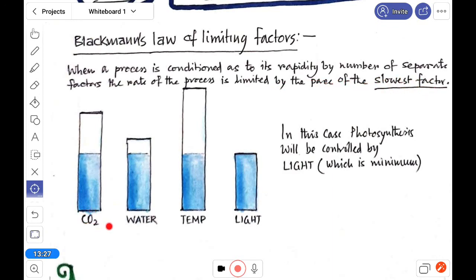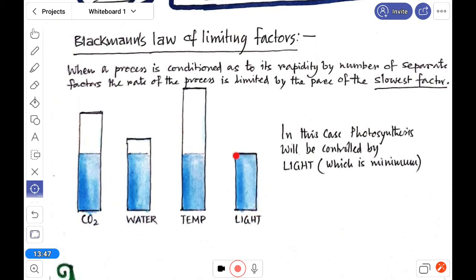Suppose there are four different factors: carbon dioxide, water, temperature and light. The pace of the reaction will be that of the lowest one. Suppose the lowest is light.